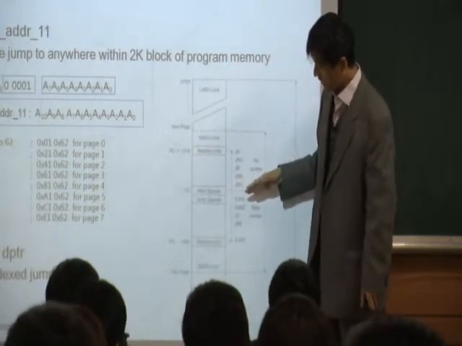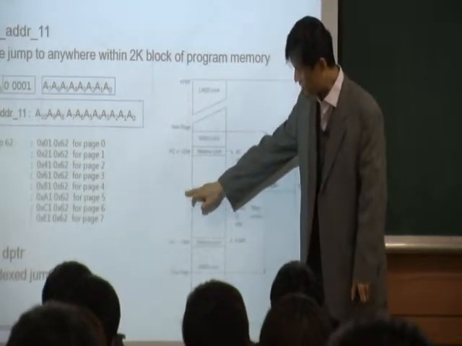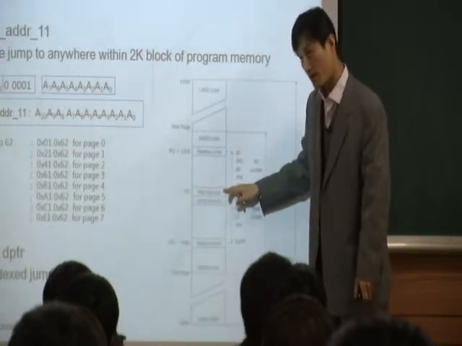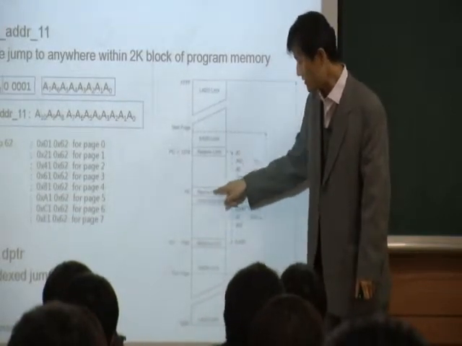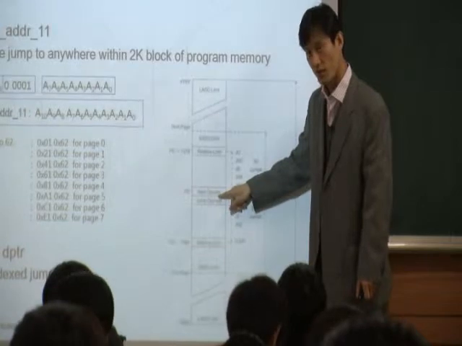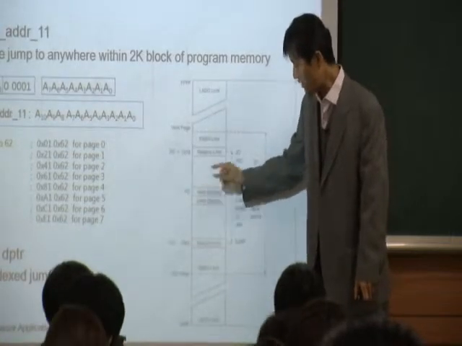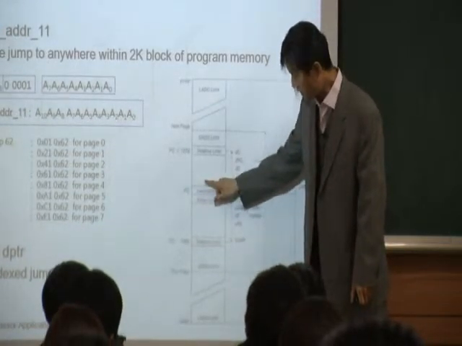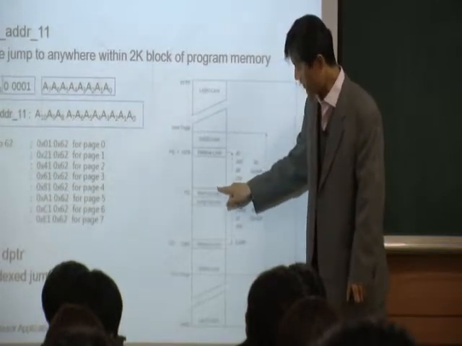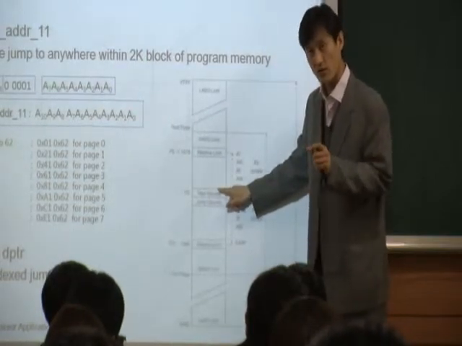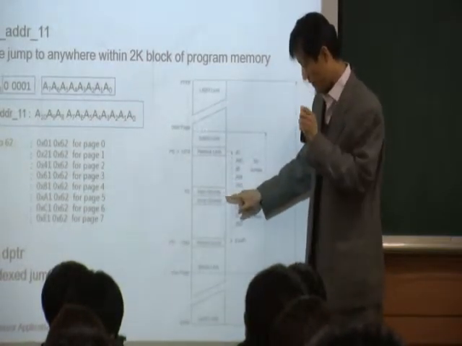At a particular time, your program counter is indicating this one, which means that this is the next opcode that you are running. You are actually executing the instruction right before that.